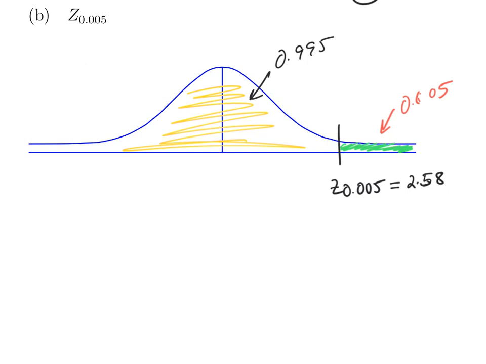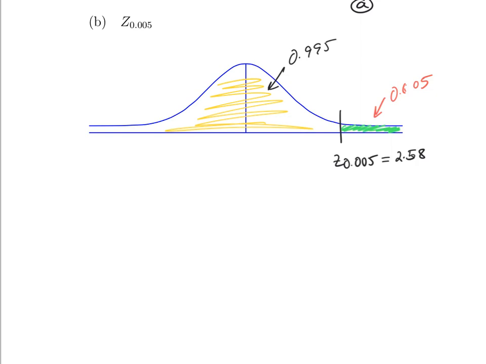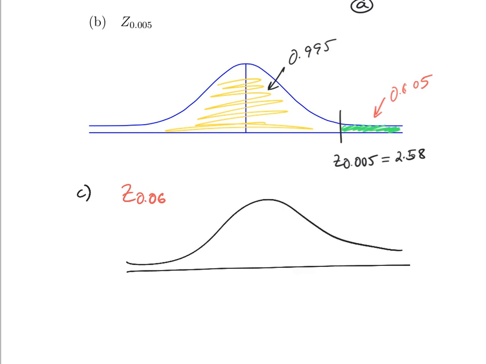So this is how easy this is. All right, let's do one more on this. What about this? How much is Z of 0.06? Okay, so try that one. So here, the area to the right is how much? 0.06, right?